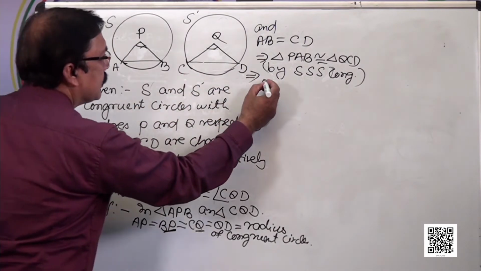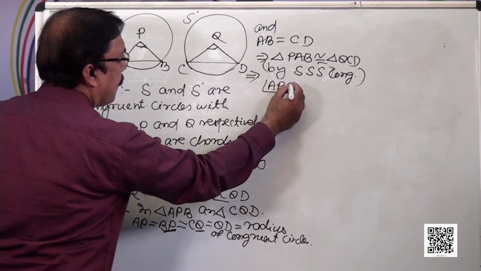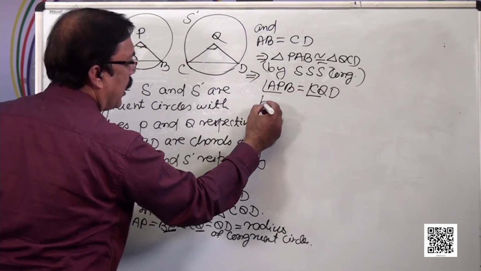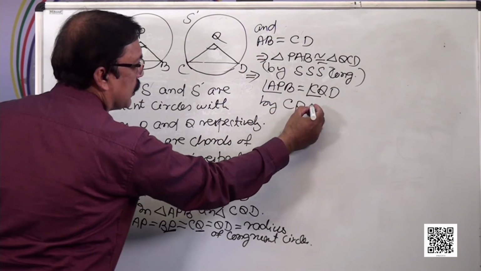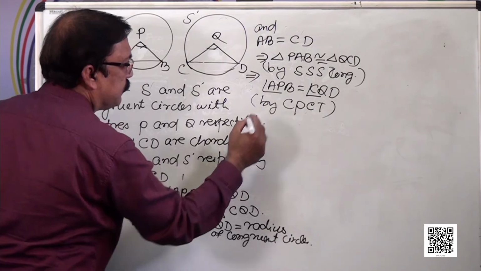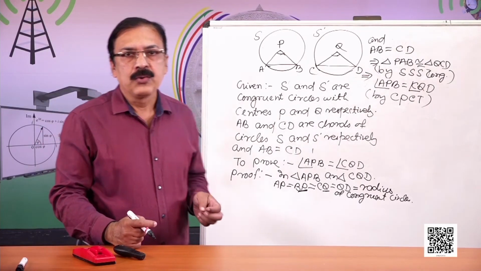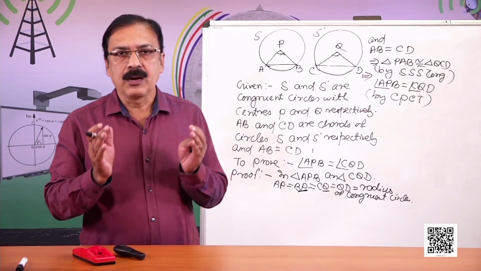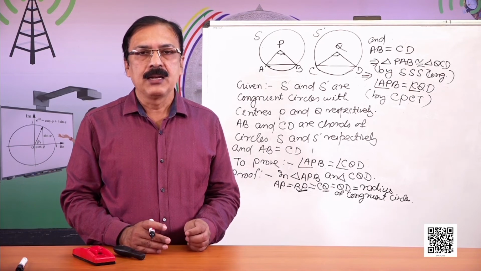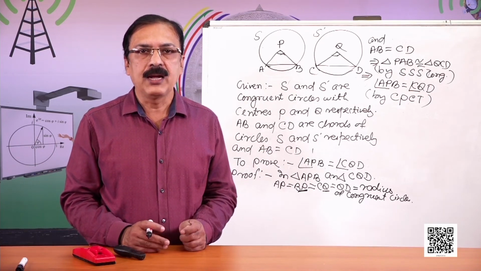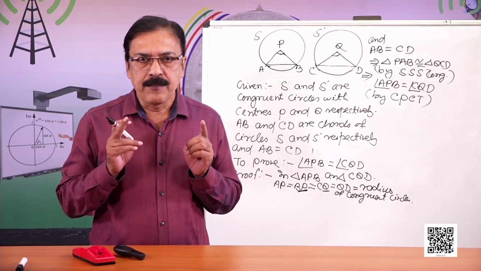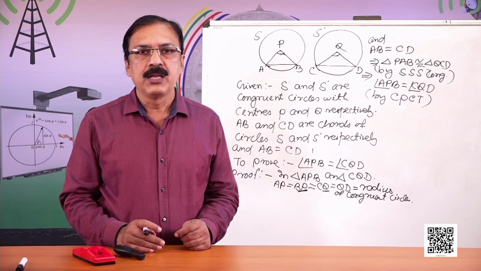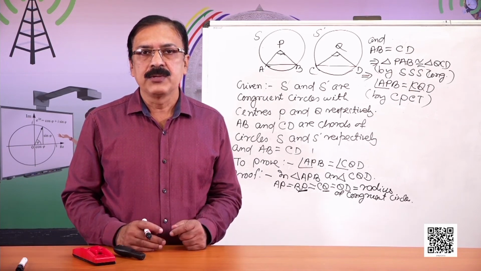And this implies angle APB is equal to angle CQD by corresponding parts of the congruent triangles. So here again we proved the same thing, but if the circles are congruent, then that theorem also holds good, that if two chords of congruent circles are equal, then they subtend equal angles at their respective centers.